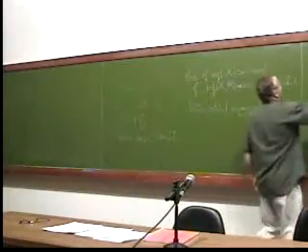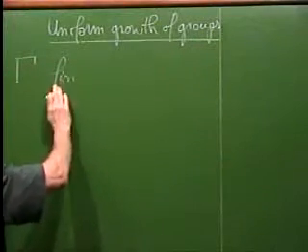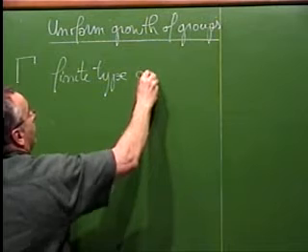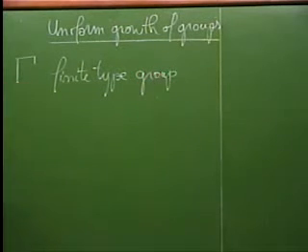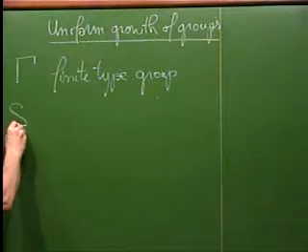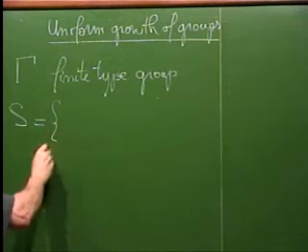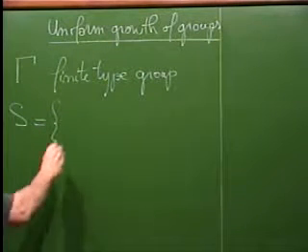So let me assume that I have a group of finite type, that is a group with a finite set of generators, and I'll pick a generating set, and for the sake of simplicity, I will assume that it is symmetric.